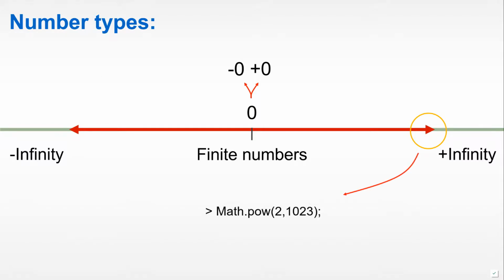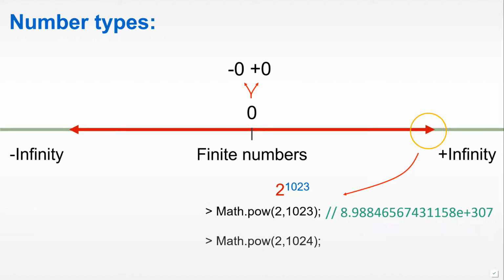For example, if we use one of the built-in objects in JavaScript, the Math object, and use its pow method, we can figure out what is the value of 2 to the power of 1023, and we get a very large number. But if we were to find out what is the value of 2 to the power of 1024, we hit infinity. So notice there is a sharp boundary here.